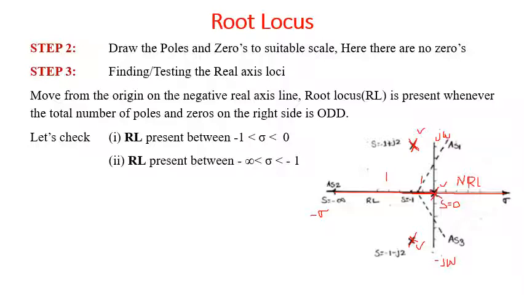So what will happen? The line from minus 1 till minus infinity will be a root locus line. Hence the root locus line will start from s equal to 0 and tend to infinity. Make this dark and write it as RL.